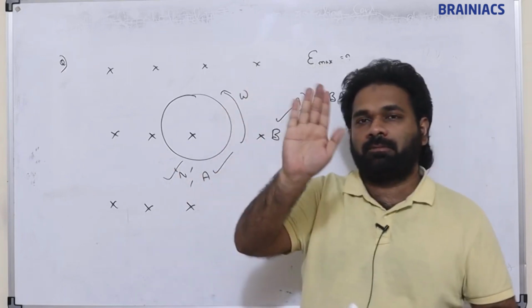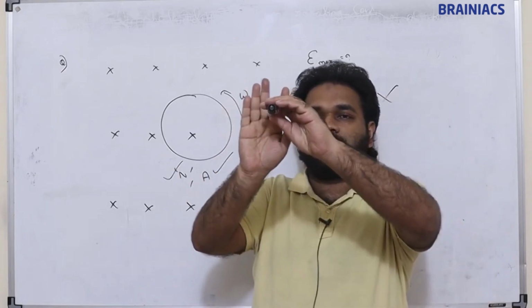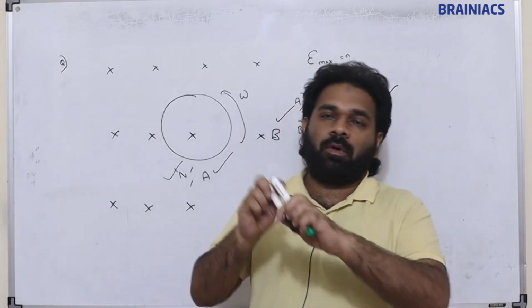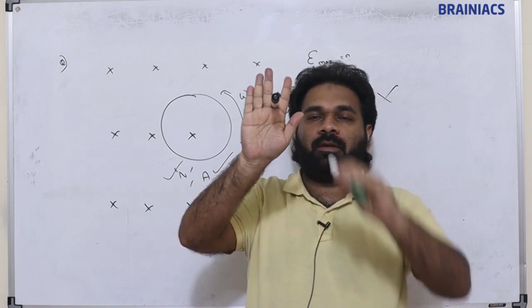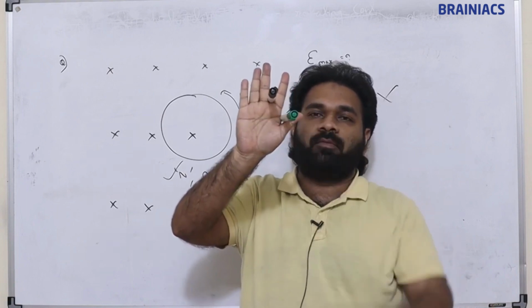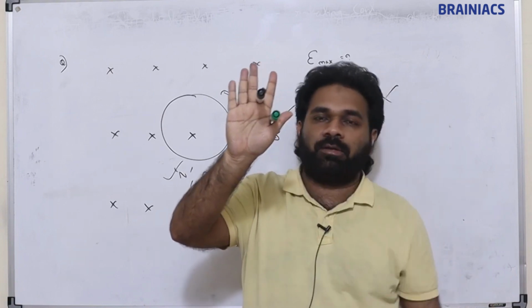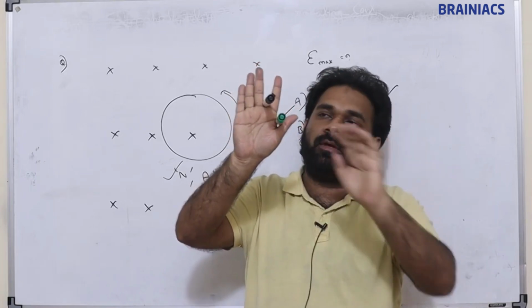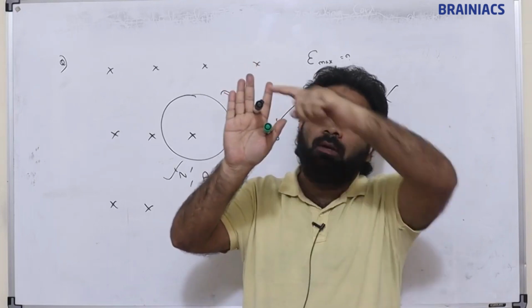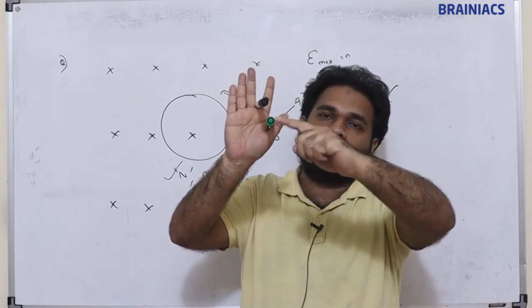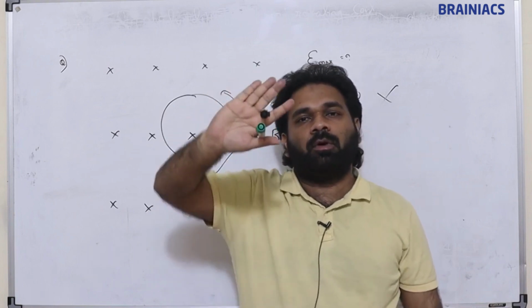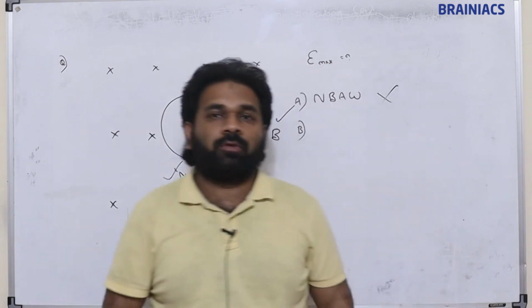So if this is the coil, this is the direction of magnetic field, and this is the direction of area. If this is my palm as the coil, this is the area vector and this is the magnetic field vector, both are parallel. So even if I rotate this coil, the angle is not changing.